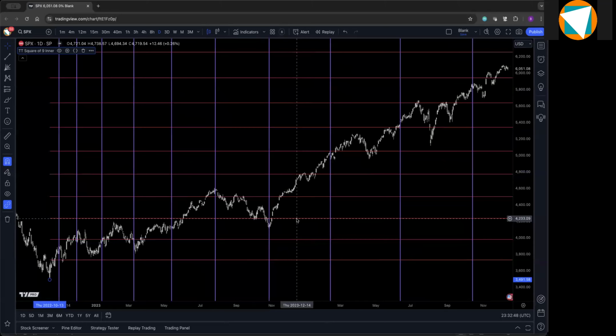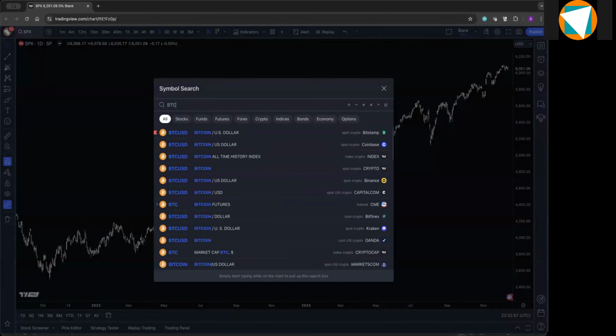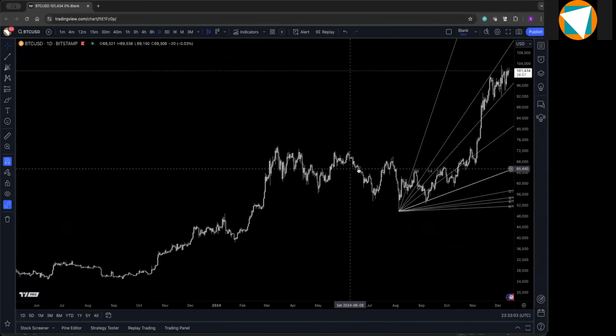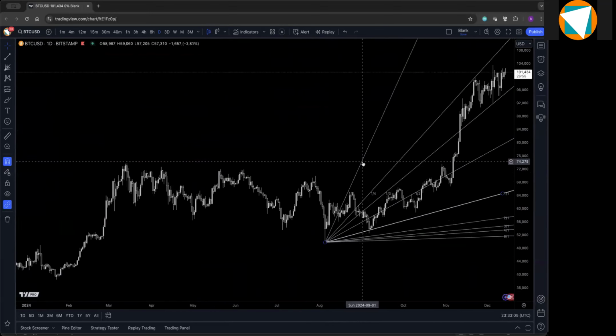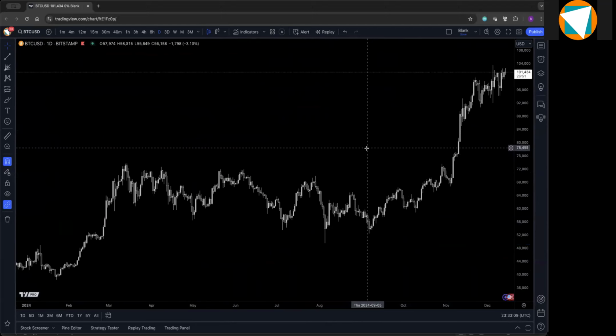I want to show an example of a symbol with a high price and how we need to adjust the price per cell in order to make things fit. So let's take a look at Bitcoin. Of course, Bitcoin has a very high price at the moment. And we can also take a look at using this square of 9 script to draw Gann fans.